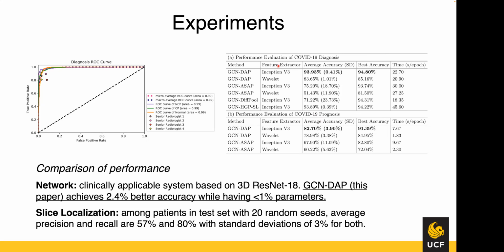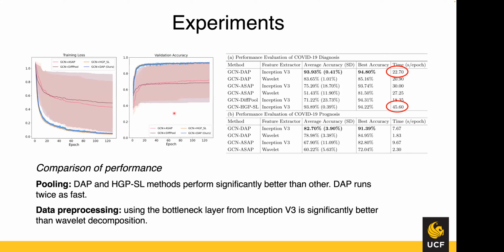Okay, and this is a table of the outputs, which we'll get to in the next slide, because this table is more relevant for comparing the pooling and feature extractor methods, or the pre-processing. When comparing just the pooling, all of them use the same graph convolution layer, but different pooling methods.